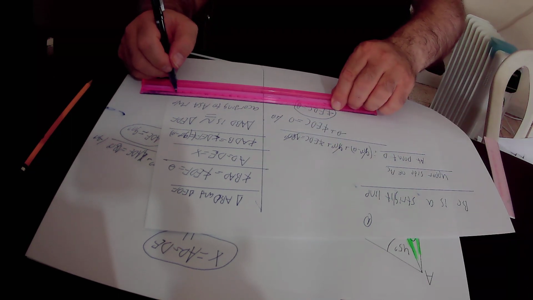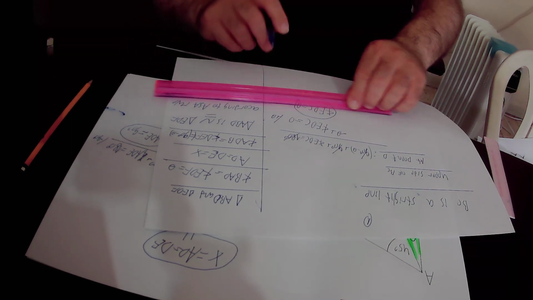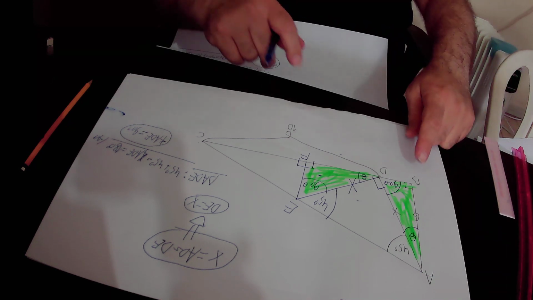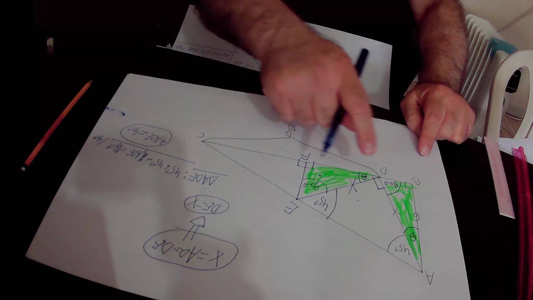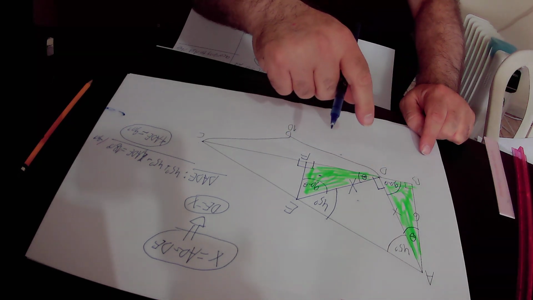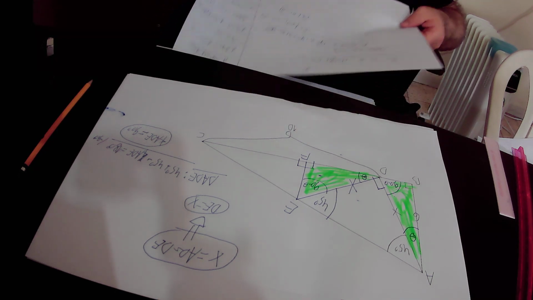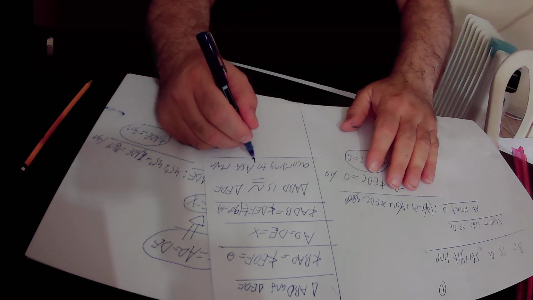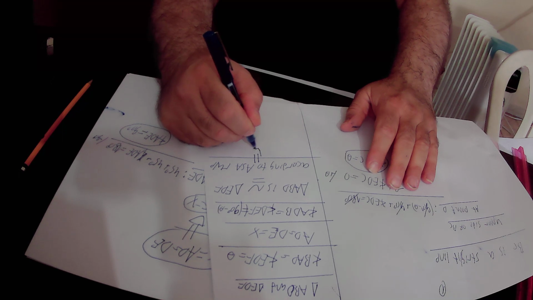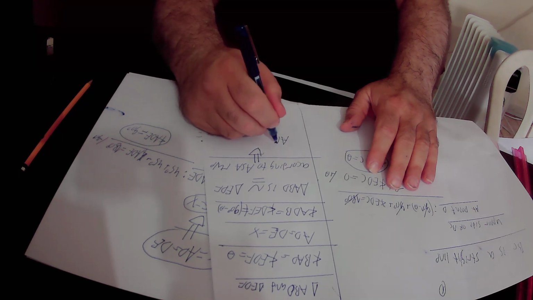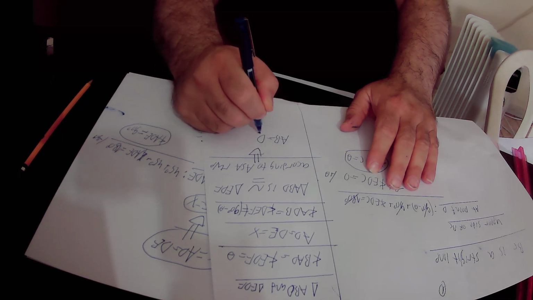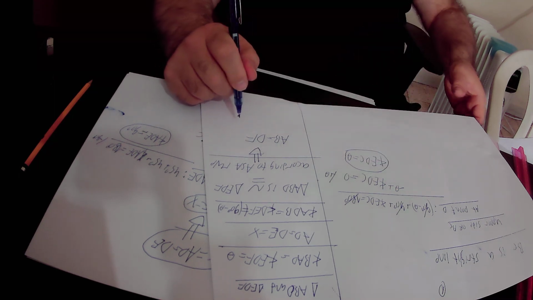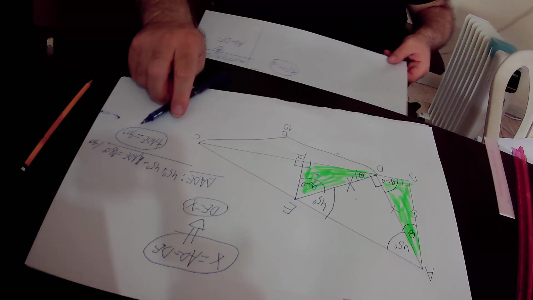Okay, and from the fact that those two right triangles can go into each other, we conclude that AB is equal to DF, according to the rule that corresponding sides in congruent triangles are equal to each other.